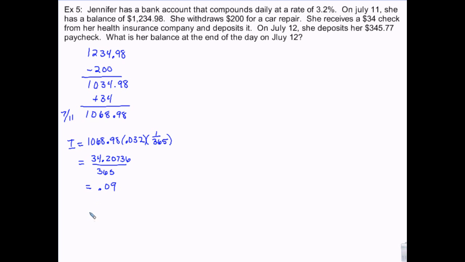So she earns 9 cents that day, which does not technically get added in until the end of the month at most banks, but they go ahead and enter it for the calculations a lot of times. So on July 12th, when she starts her day, she starts it with this amount of money. And it's not a huge difference, but it is a difference.